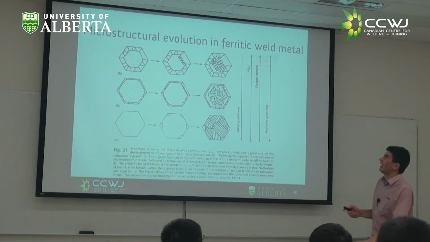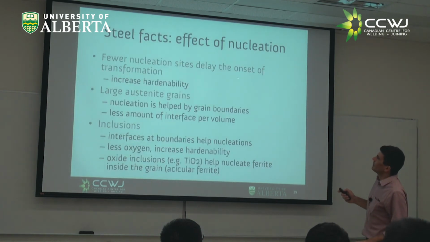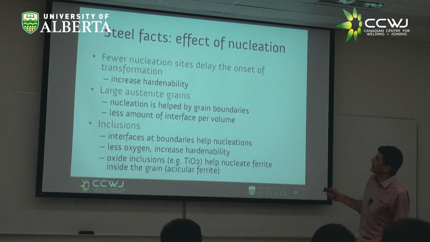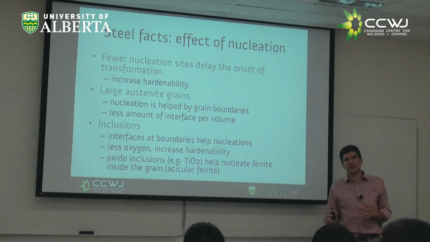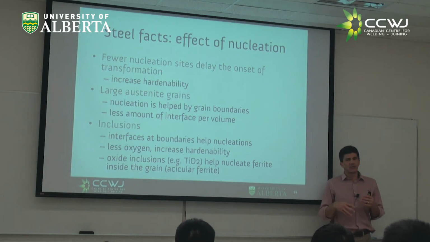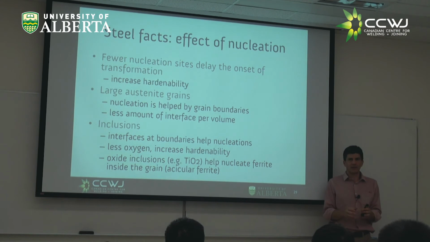Anyway, some issues of nucleation. When we nucleate the things that are going to transform, having transformation sites is going to help. For example, if we have large austenite grain sizes, the surface to volume ratio is relatively low, and because the transformation starts typically in the grain boundaries, you increase the hardenability by having big austenite grain sizes, right?